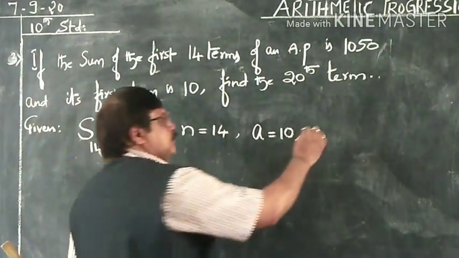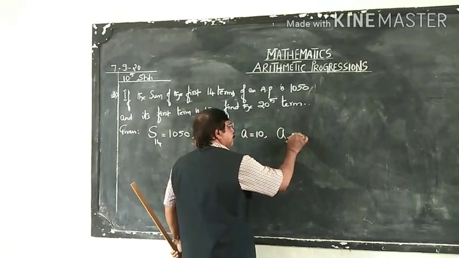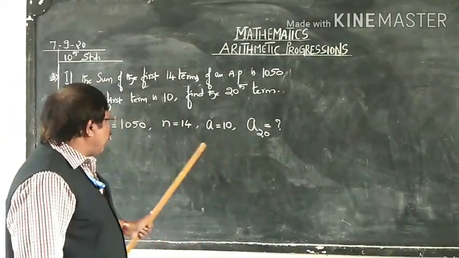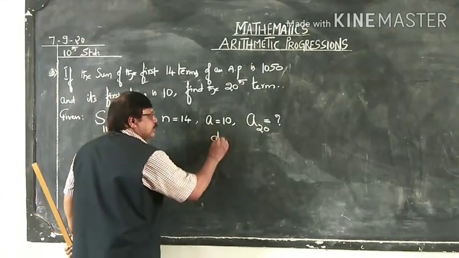Find the 20th term, a20. To find this, first you have to find d. d is not given here.